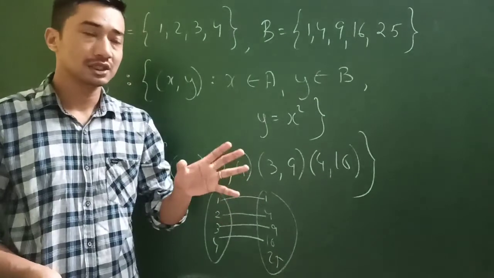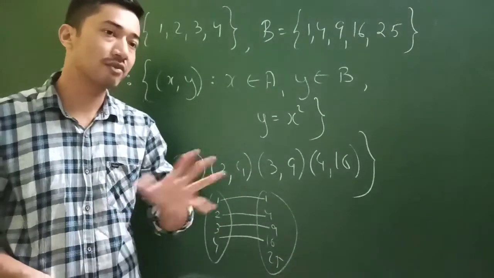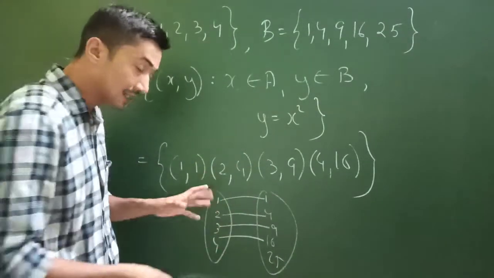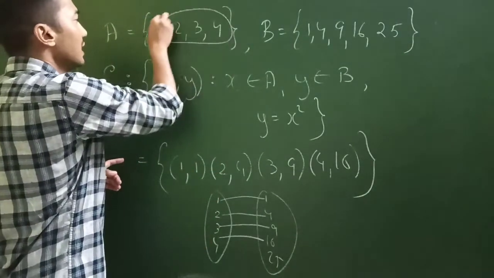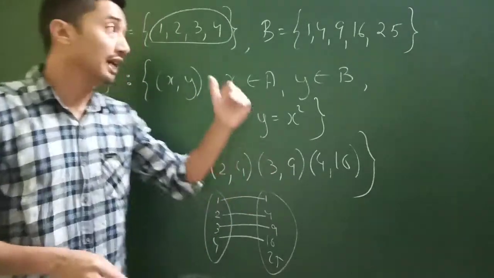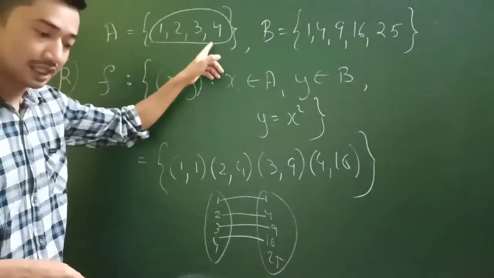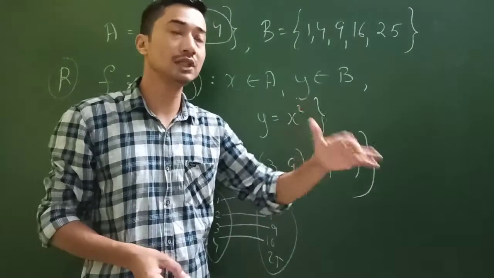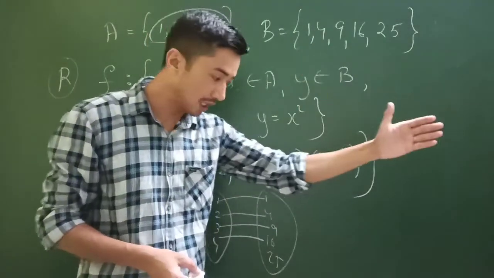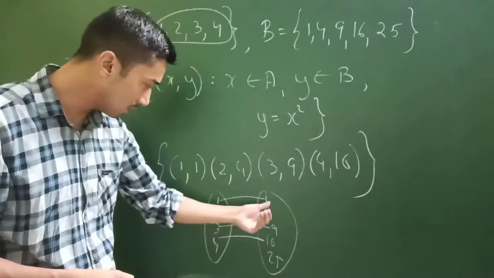A function is a relation defined from A to B such that every element in the first set A should have a unique image in the set B, and that is fulfilled. One has only one image.